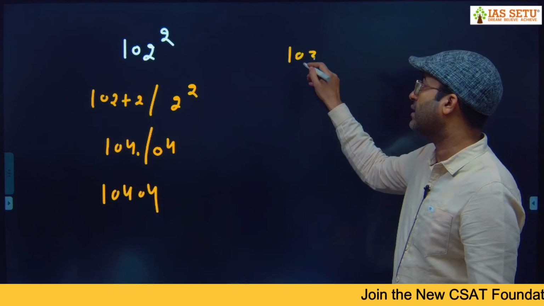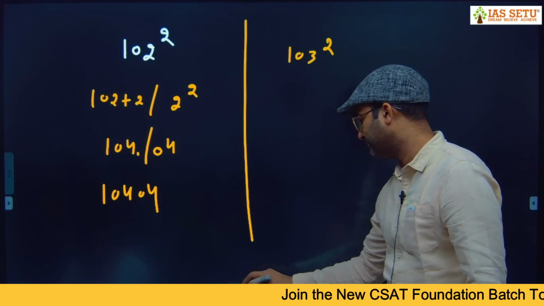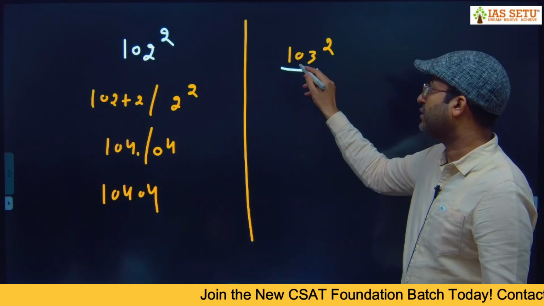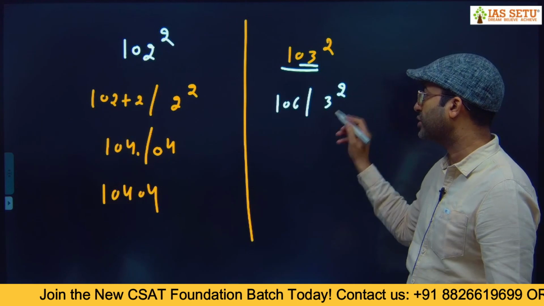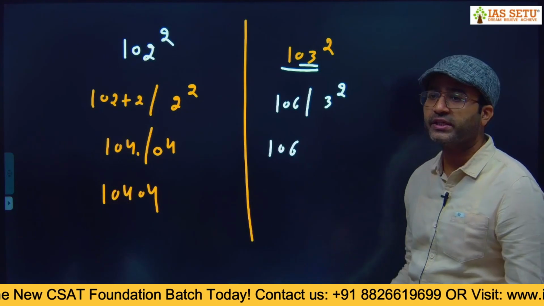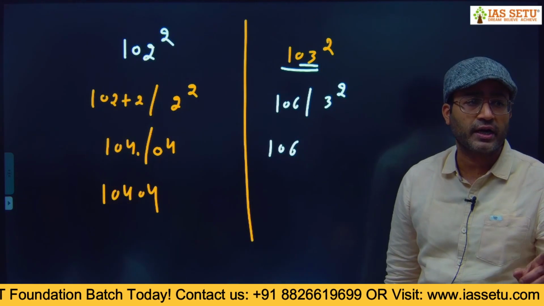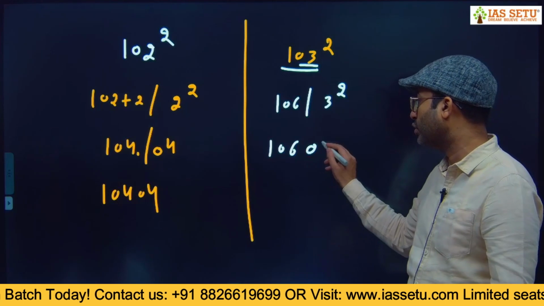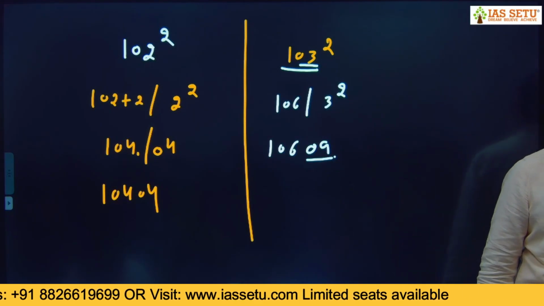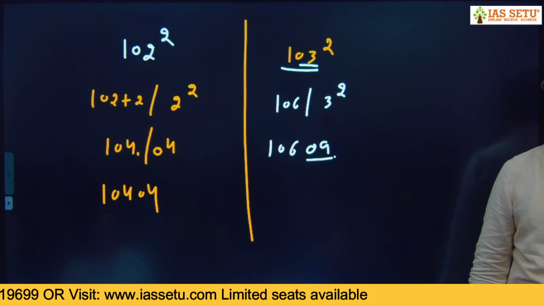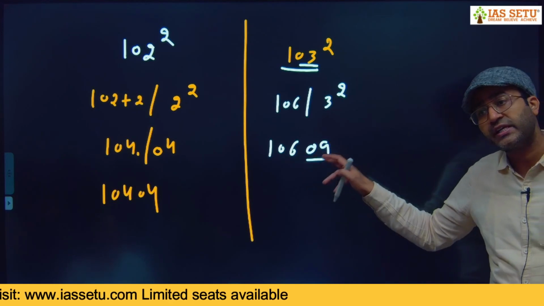Similarly, 103 square. 103 plus 3, 106. Right side will be 3 square. 106, 3 square is 9. But don't write 9, write 09. Because it is fixed. Right side we have 2 digits, unit place and 10 place. It is a fixed rule. So your answer is 10609.